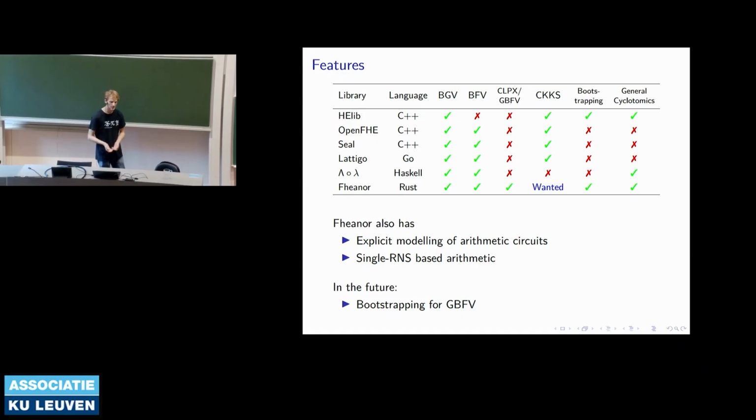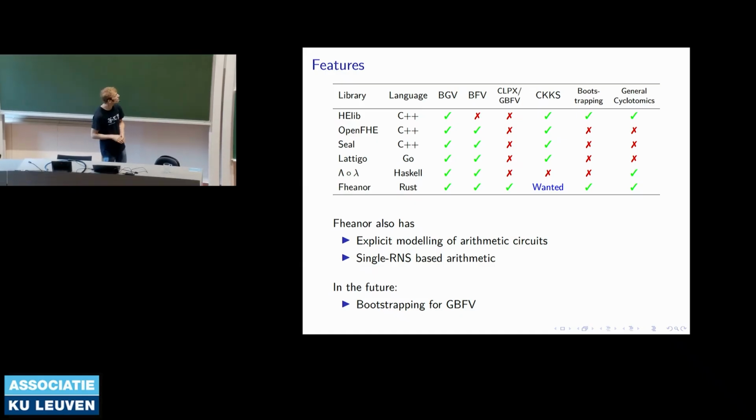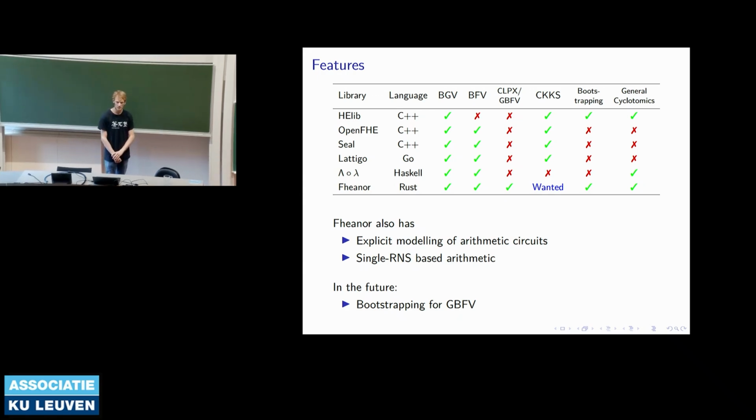Because schemes like BGV, BFV, CLPX, GBFV, or CKKS use very different sets of parameters than TFHE does. So the design of Fheanor generally supports TFHE as well, but because that's not my area of research, I didn't do so much implementation work in that direction.